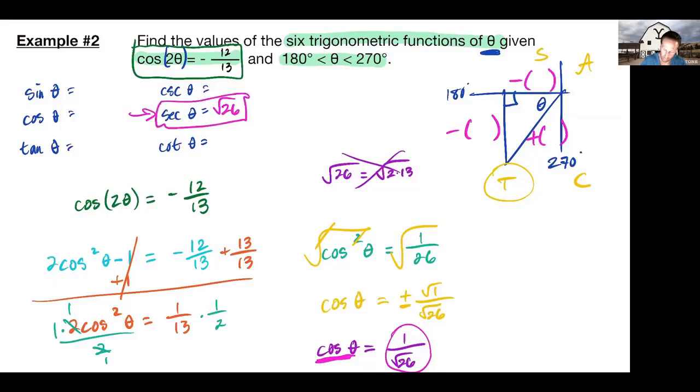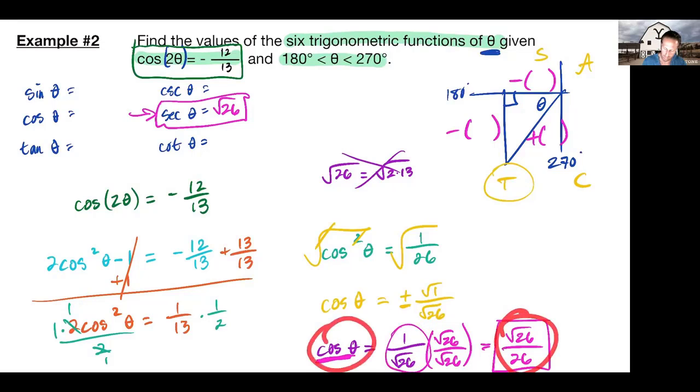Okay, but I'm also then going to have to rewrite this by multiplying by my 1 once again as the square root of 26 over 26. And that then gives me my x's and r's, which I can then plug in up here. And if you'd rather use these, might be a little bit simpler. But now I have the cosine theta answer, which I could plug in over here.